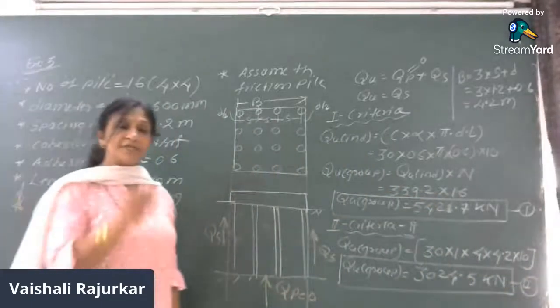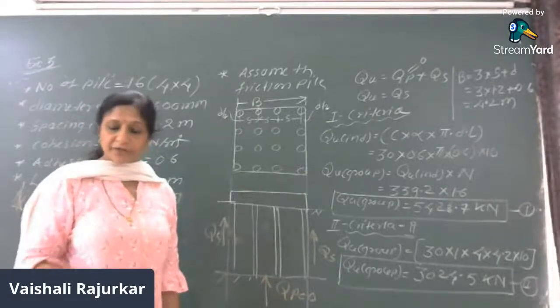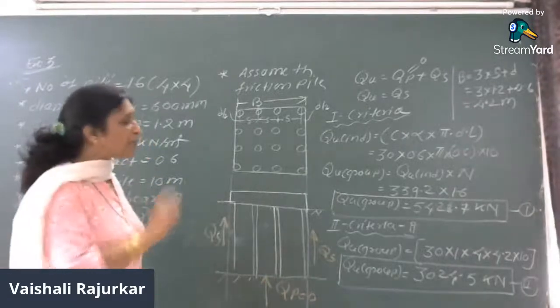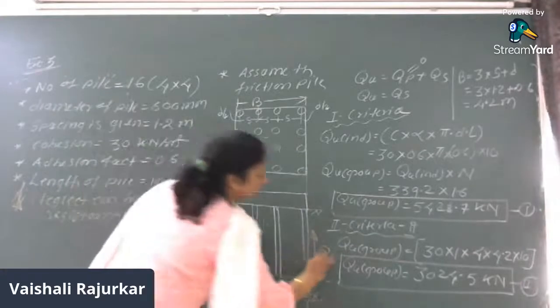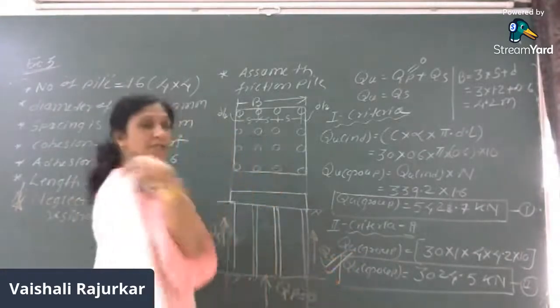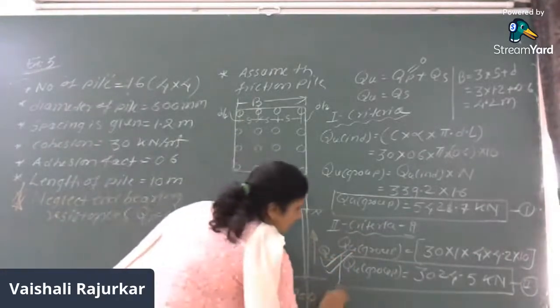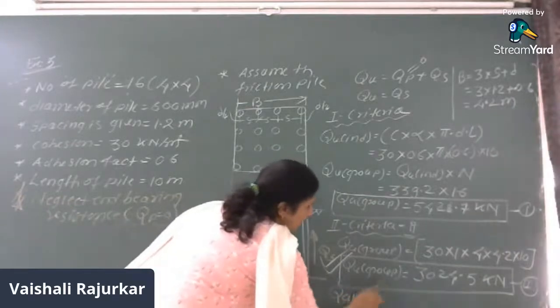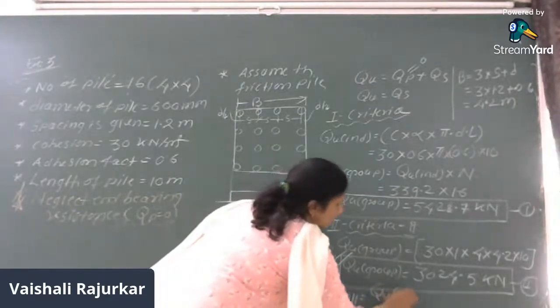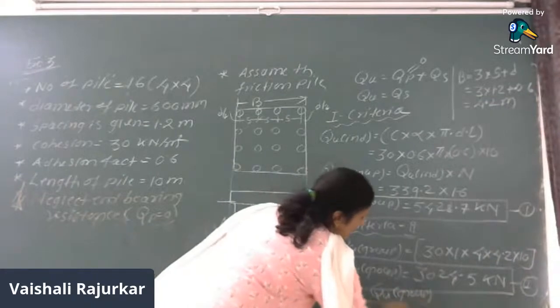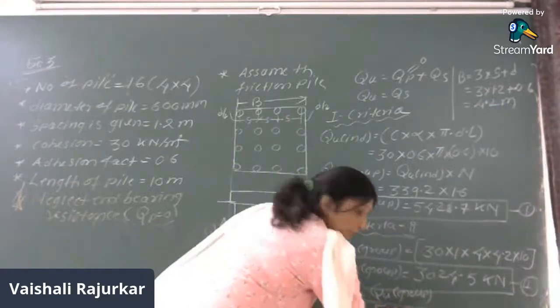Now out of these, which value will be taken for further consideration? The minimum of these two. Here we will consider this value just to determine the value of Q reliable. So Q reliable is equal to QU for group divided by factor of safety.